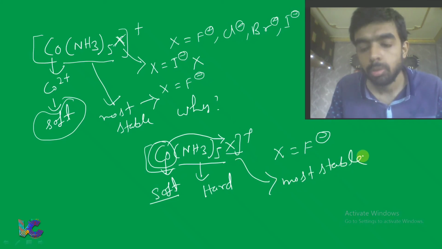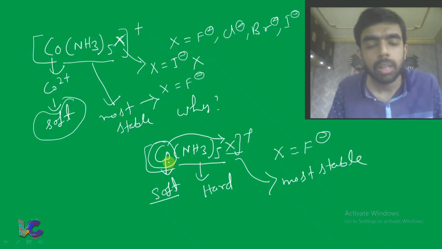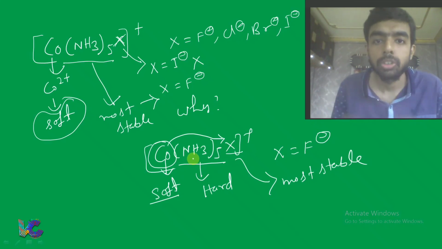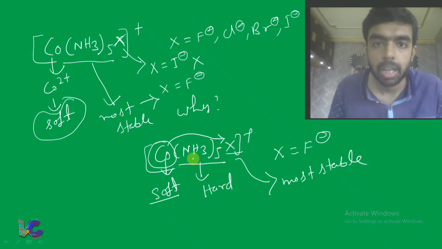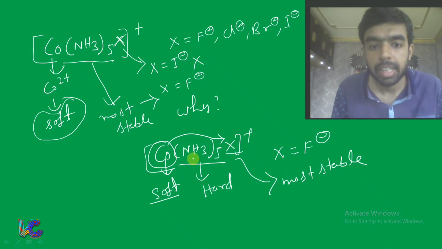Now if you go by the simple HSAB principle, as cobalt, the metal, is soft, when X is I-, that means when X is very much soft in nature, the complex should be stable. But as I have said, the hardness and softness of the metal is not an absolute term, it is a relative term, and the hardness and softness of the metal can be influenced by the ligand that is attached with it.